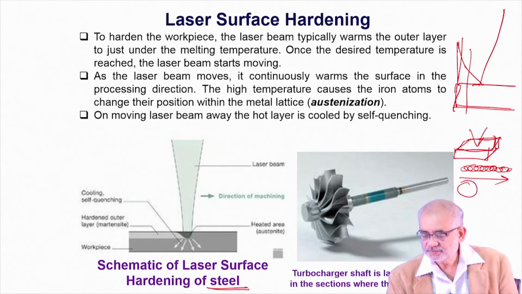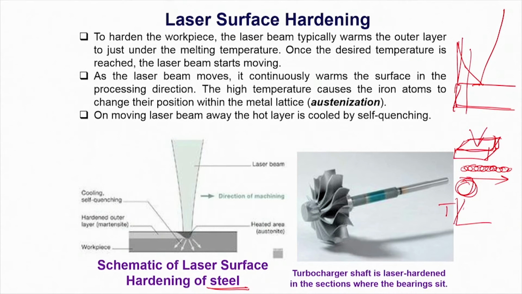Each time during the irradiation, the temperature of this region will undergo rapid heating, then maybe a little bit of residual time, and again will cool down. So this heating and cooling process is entirely confined to this region for the period of interaction, and this time of interaction can be very low, anything like a millisecond to even nanosecond. So in this short period of time, there is rapid heating and rapid cooling.